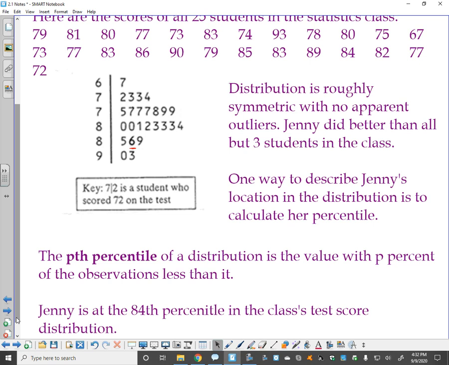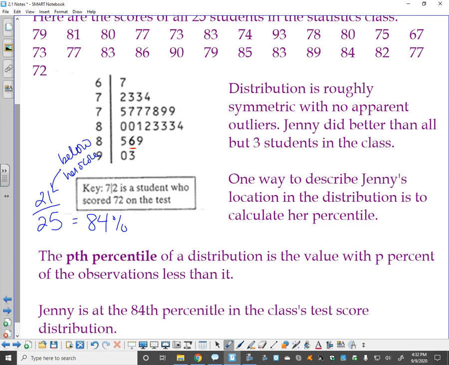Again, for Jenny, we found that she's in the 84th percentile. If she has 3 above her, then she scored better than 21. So I'm going to do 21 out of 25 and get 84%. And these 21 are the ones who are below her score.